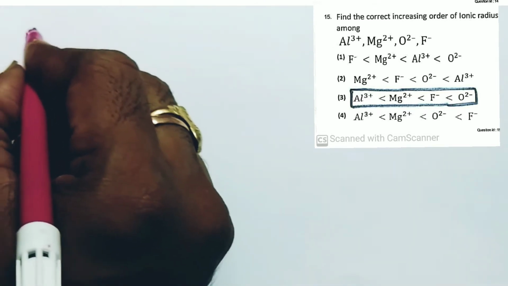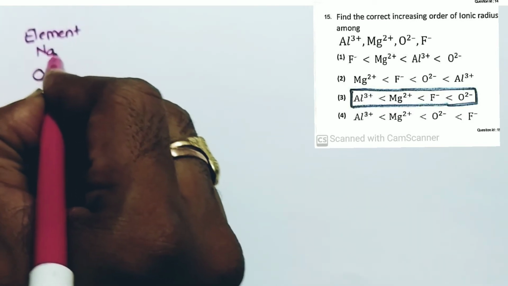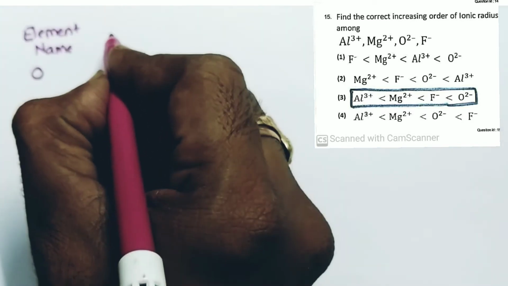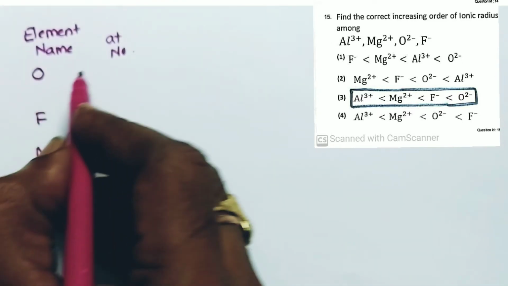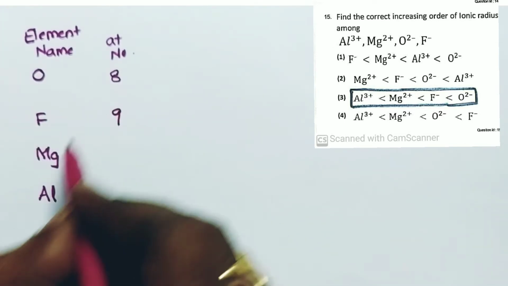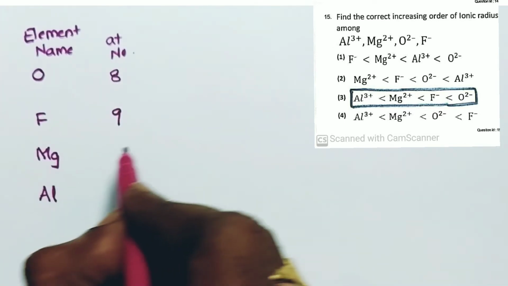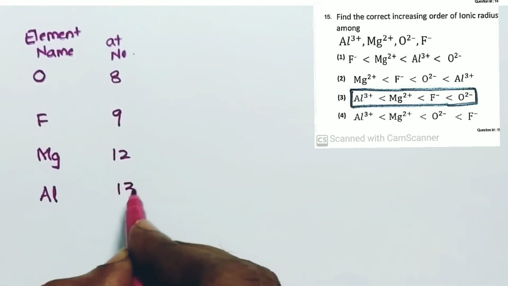This is element name, and atomic numbers of these elements are: for oxygen atomic number is 8, and for fluorine atomic number is 9, and the atomic number of magnesium is 12, and atomic number of aluminum is 13.